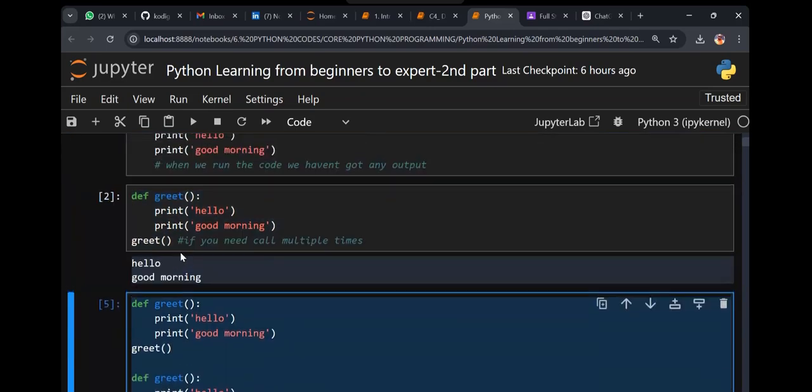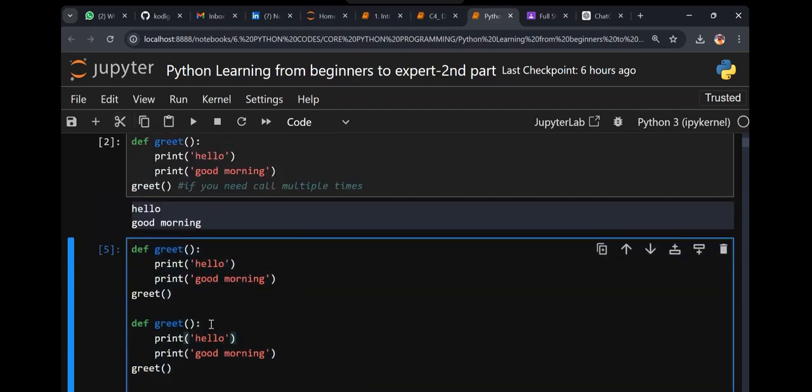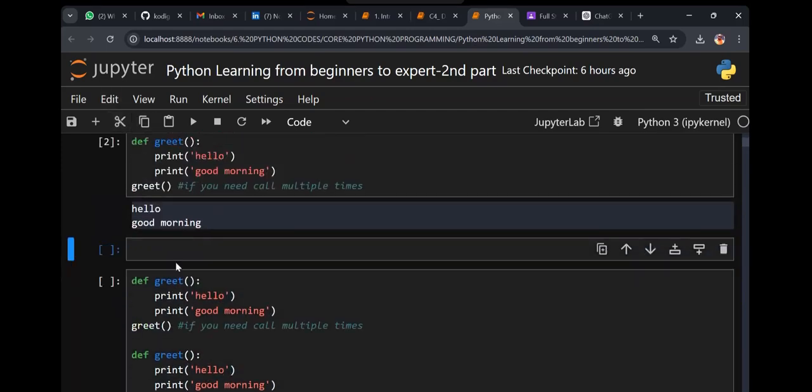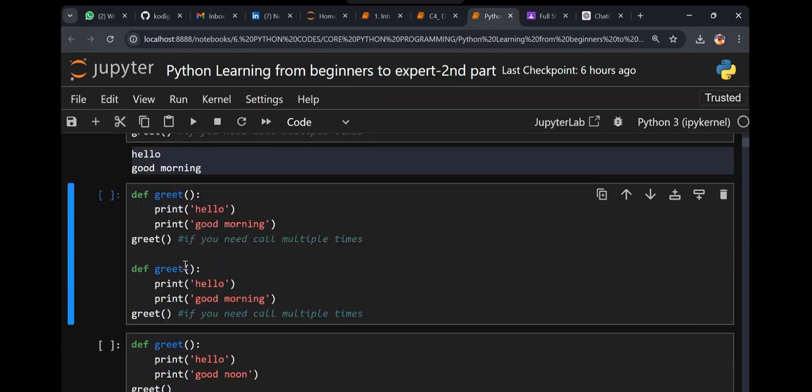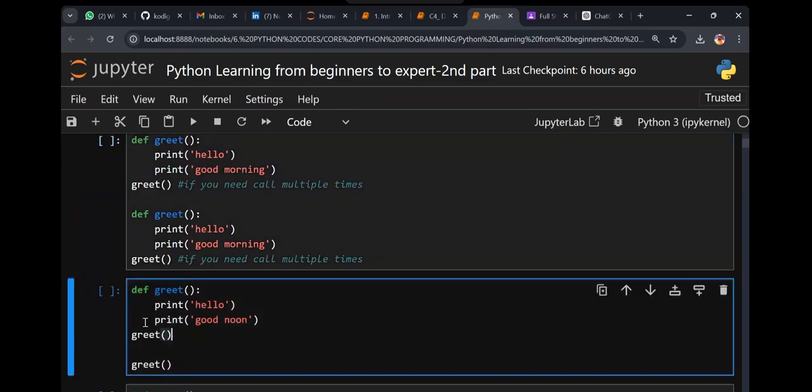So the beautiful part of the function is you write a statement once, and you call the function so that the statement repeats. I mean to say, rather than writing like this, can I write this way, guys? See, greet. How many times did I define the function? Once.